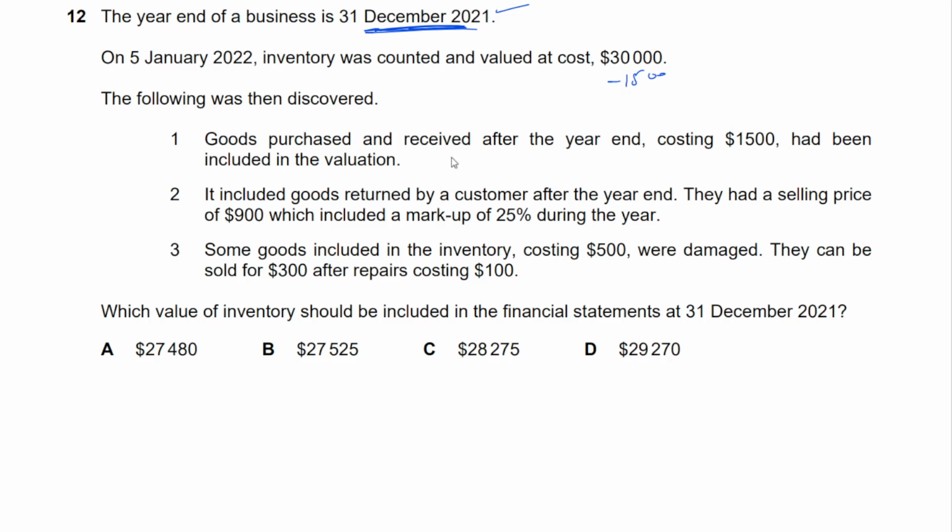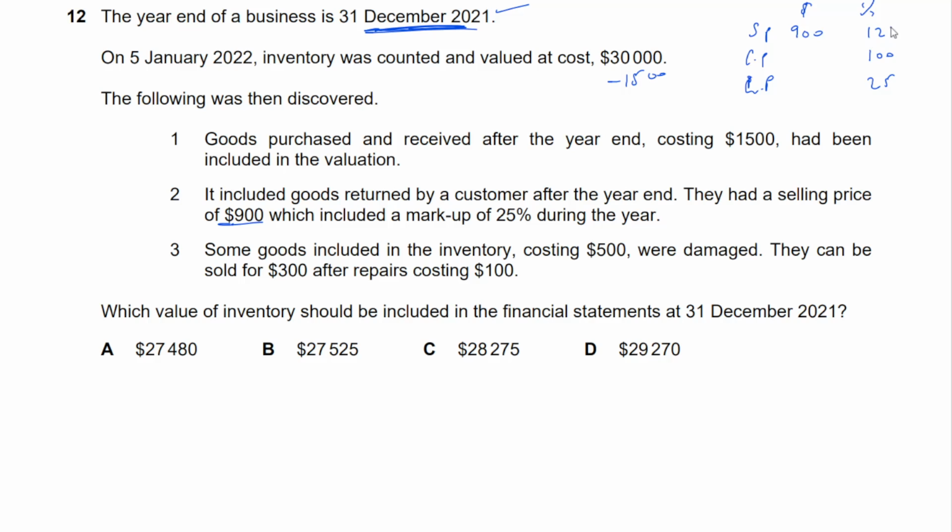The following was then discovered. So they're playing with this as well. 900 is the selling price. Do you remember that table? You put the selling price here, the cost price here, the gross profit here, and then you put the amounts here, the percentages here. The selling price is 900, cost is unknown, but we know the markup is 25. That means gross profit is 25% of the cost because it's markup.